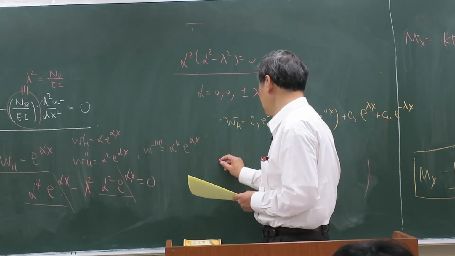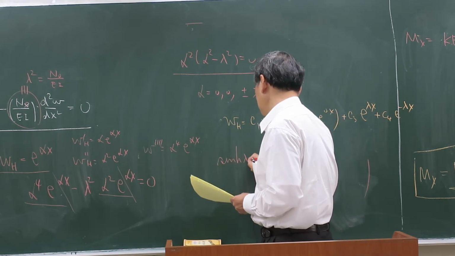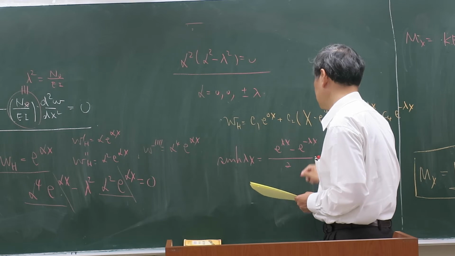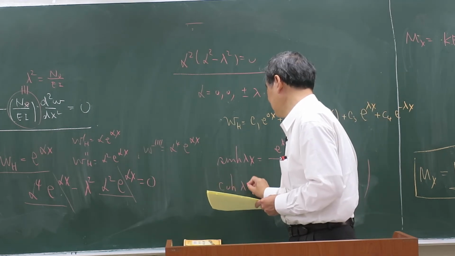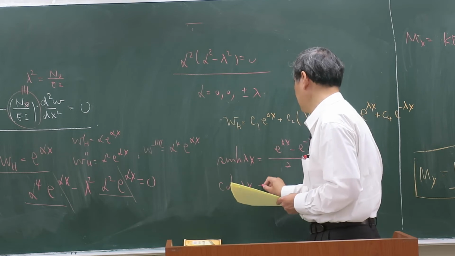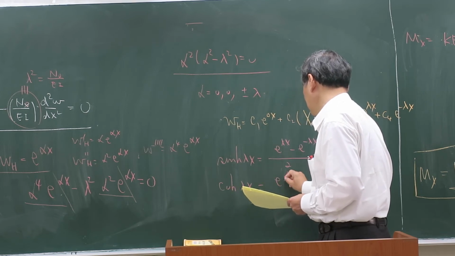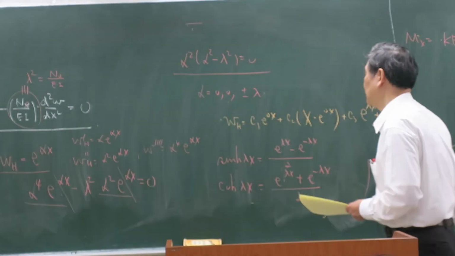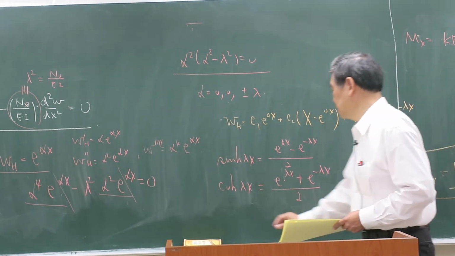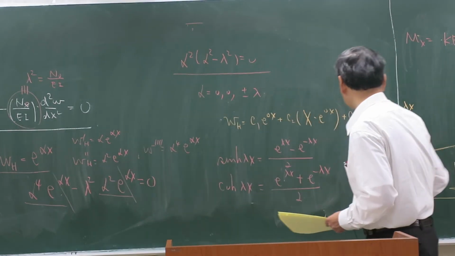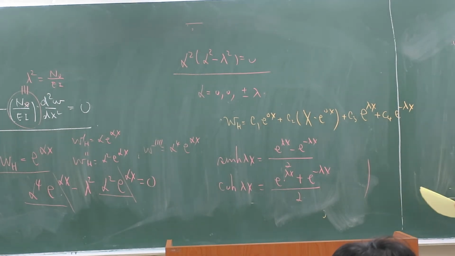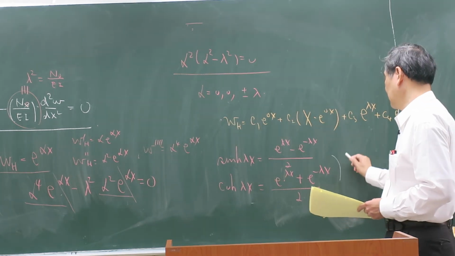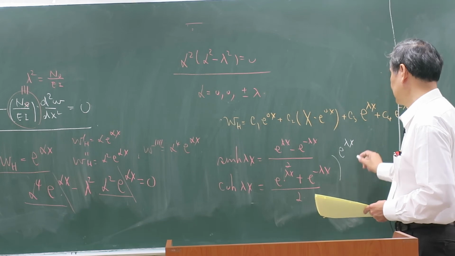And we also know hypersine lambda x equal to half of exponential lambda x minus exponential minus lambda x. Hypercosine lambda x equal to exponential of lambda x plus exponential minus lambda x, divided by 2. So from this, exponential lambda x equals what?